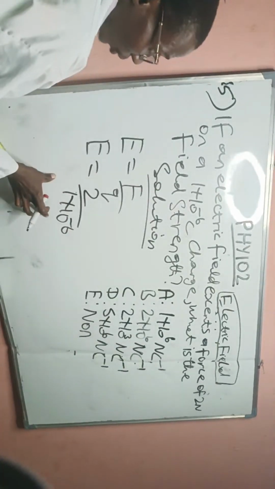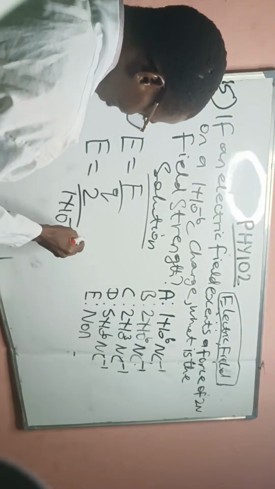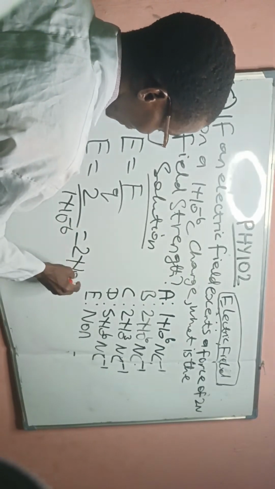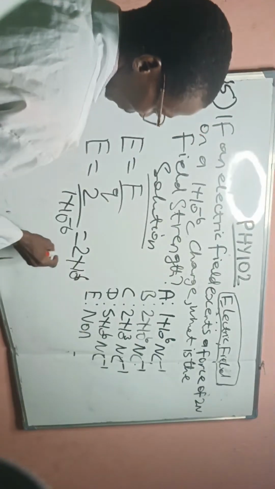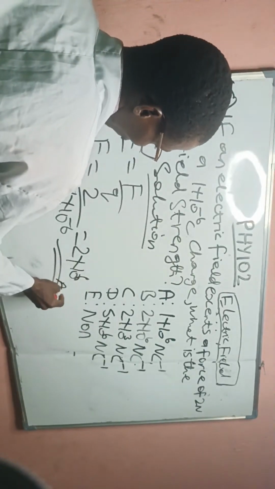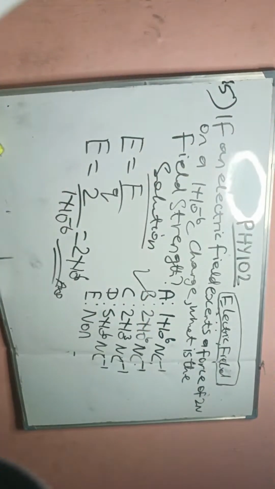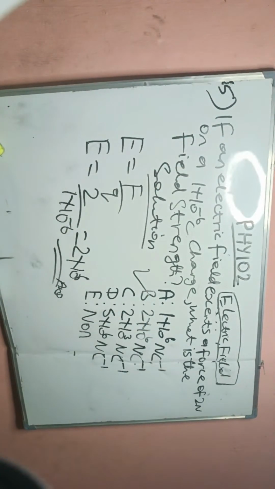So once you punch this on your calculator, you have 2 times 10 power 6. So the correct option is what? Option B. So we'll be stopping here for this night.